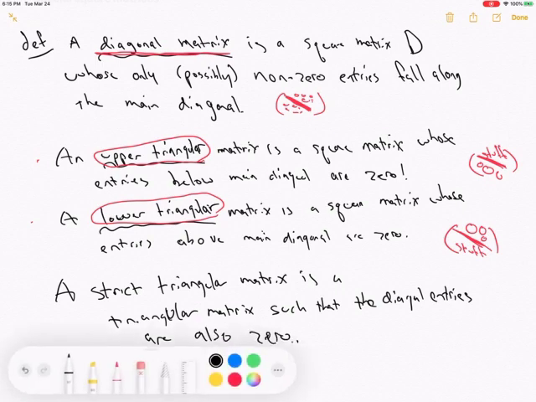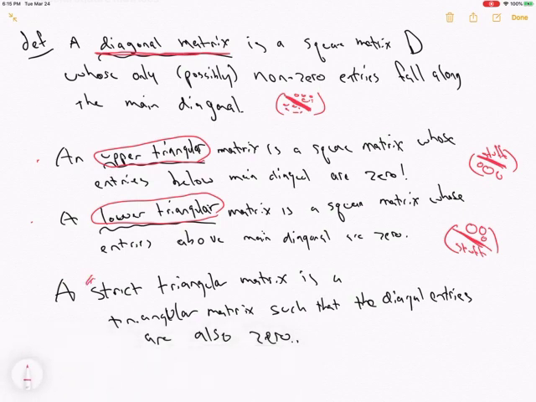So strict means that the interesting stuff is strictly above or strictly below the main diagonal. So there are special types of triangular matrix.